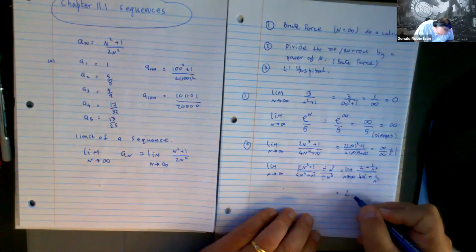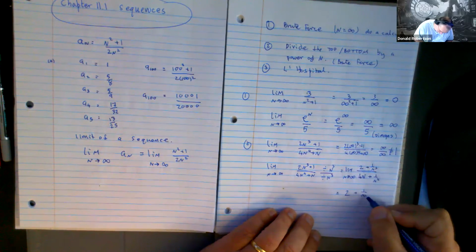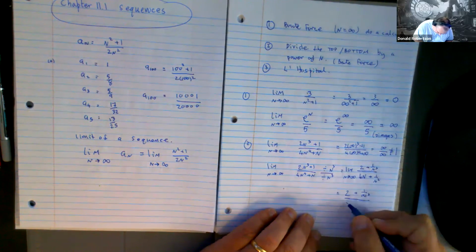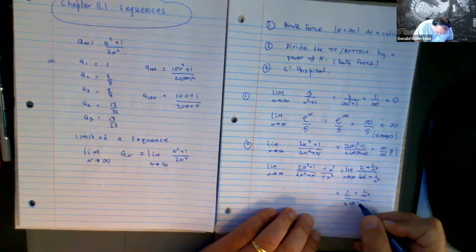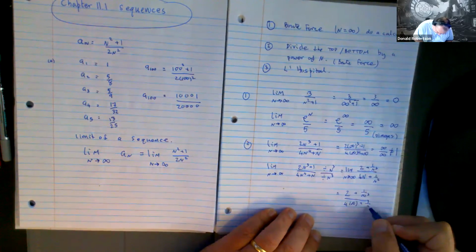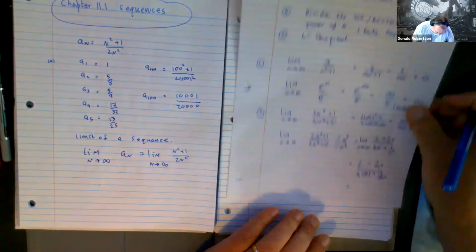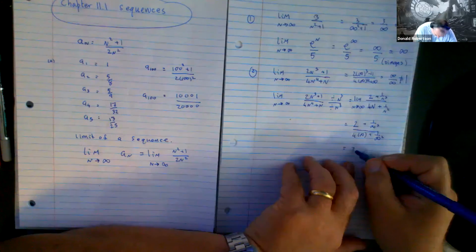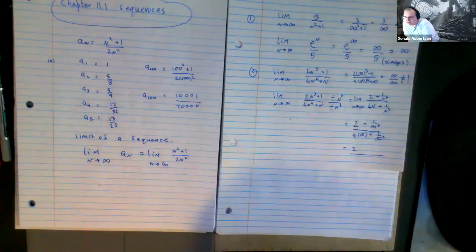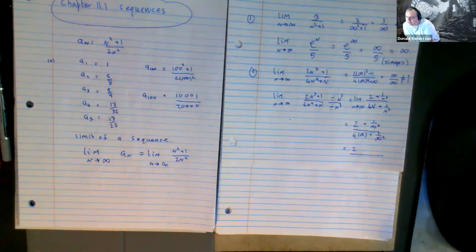2 plus 1 over infinity cubed. 4 lots of infinity plus 1 over infinity squared. Okay, 1 over infinity cubed. Isn't that 1 over infinity, and isn't 1 over infinity 0? Or at least its limit is.